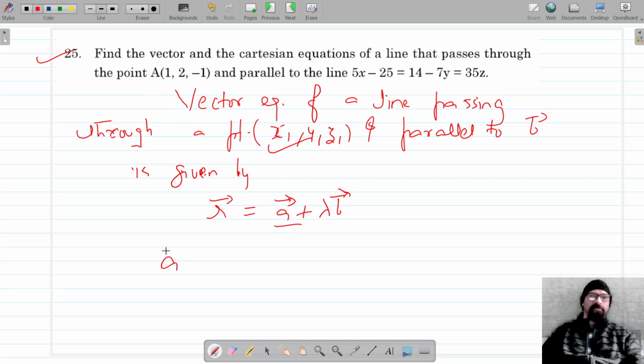So a vector will be the position vector of this point. This is I cap plus 2j cap minus k cap. This is the position vector.